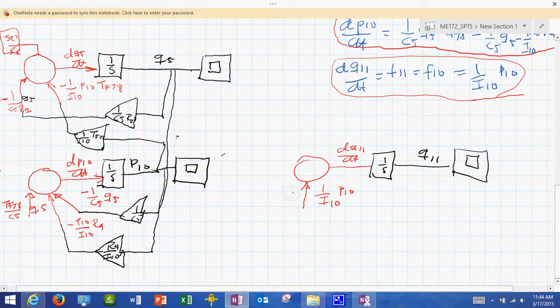And then finally you have to do the connections here for P sub 10, which you will connect like this, 1 over I sub 10, and then there you have the system block diagrams from these equations.